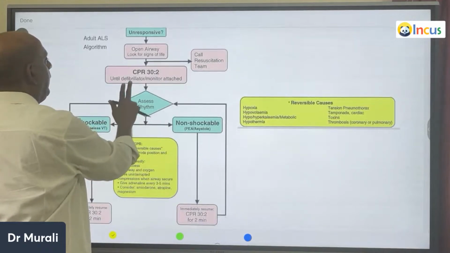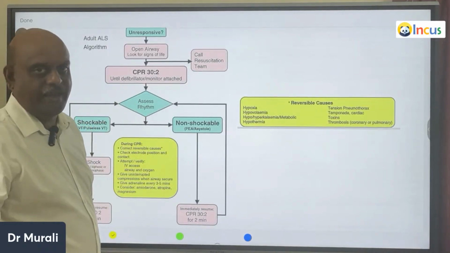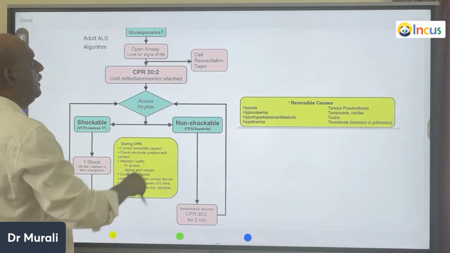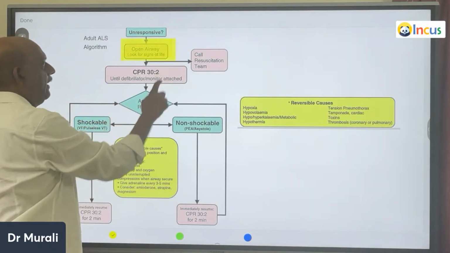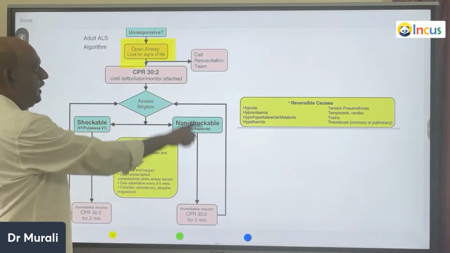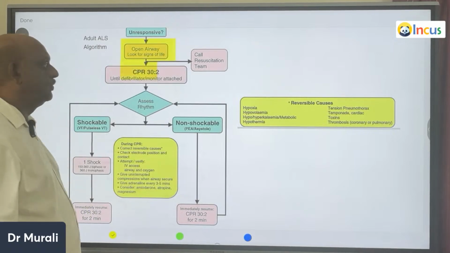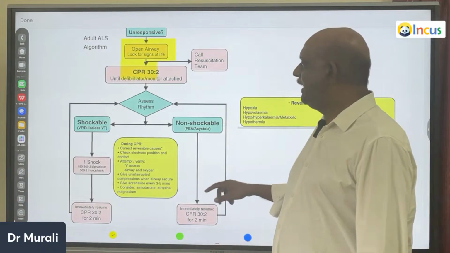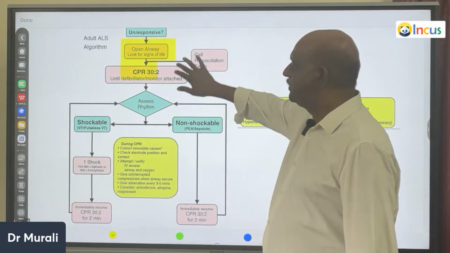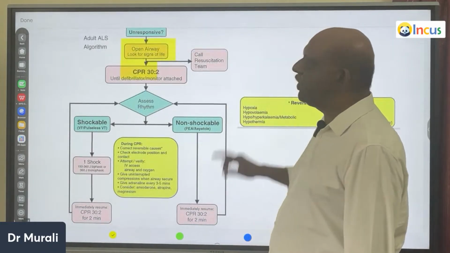So, if you look at the adult advanced cardiac life support, once the patient is unresponsive, open the airway, do CPR at a ratio of 30:2, very important, right? Attach the defibrillator, assess the rhythm, check whether that patient is shockable.